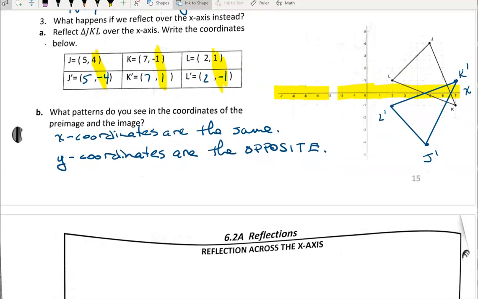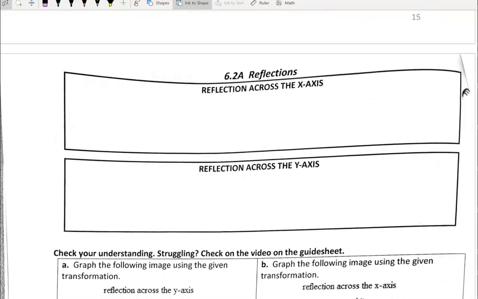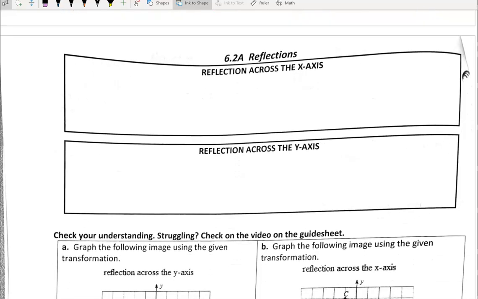So let's summarize this. And again, if you have questions, make sure you ask. So we have reflections across the x-axis. So I'm going to draw a little picture here to help me visualize it. Here's my x-axis. If I have point A up here, then point A prime is going to be down here.